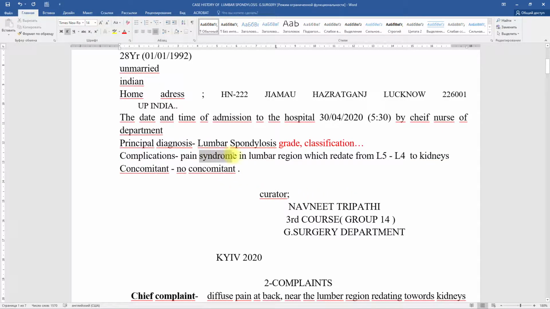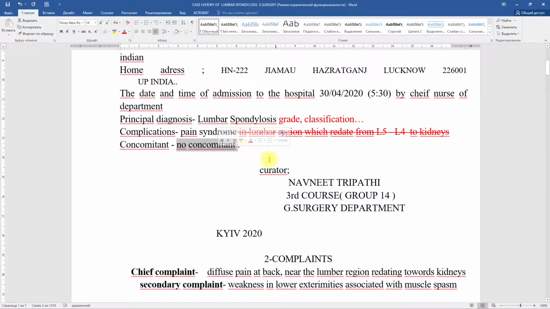See? Pain in the lumbar region, which irradiates somewhere to L5, L4, kidneys. That's not a complication, that's a symptom. So you don't write symptoms in this part.